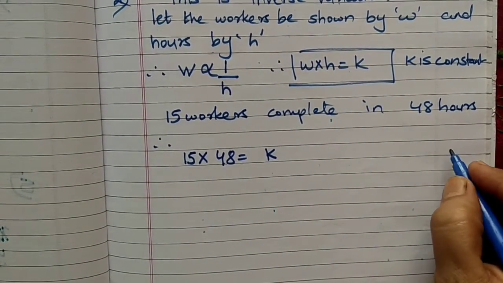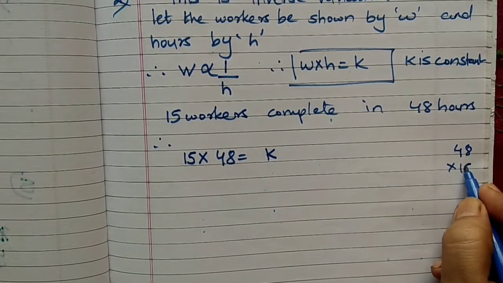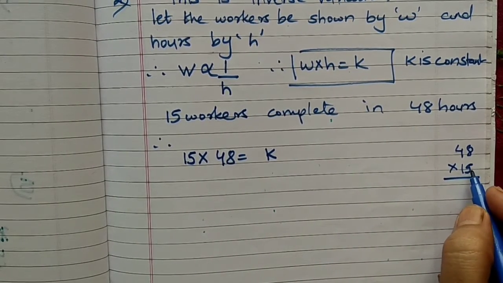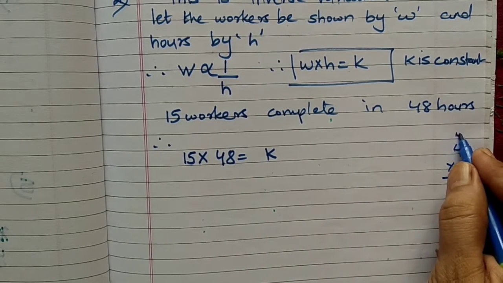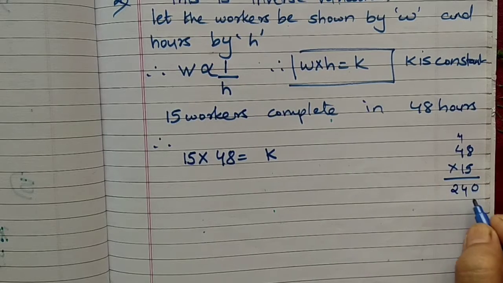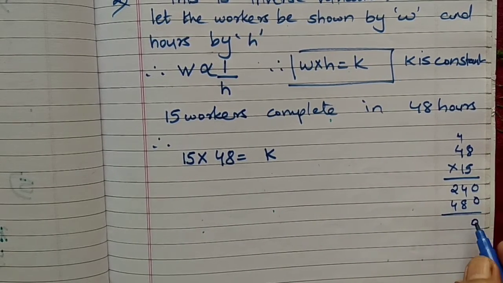So we will multiply, as I told you, you will do the rough work at the right hand side, multiplied by 15. If you know the table, you can do it separately also. 5, 8 5s are 40, 5 4s are 20 and 4 is 24, 8 1s are 8, 4 1s are 4, 0.